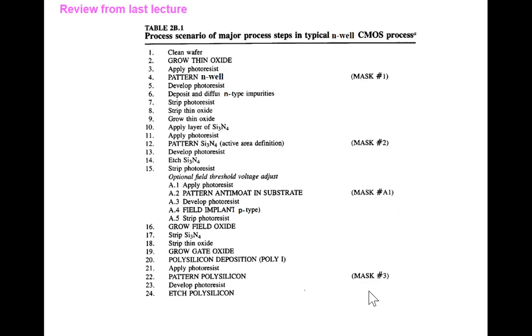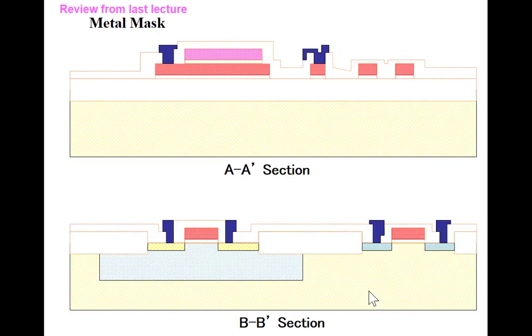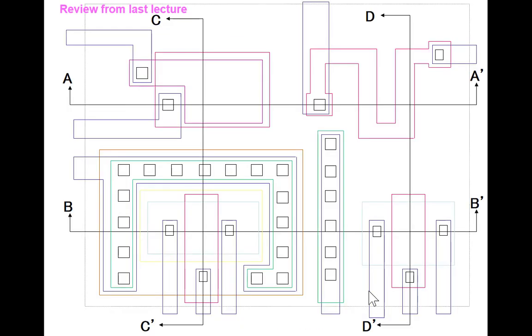A review from last lecture, we went through a typical process flow for a bulk N-well CMOS process. And that process flow is very similar to the process flow for the process we've been working with in the laboratory in this course. And we saw how all the basic devices, the major devices we had to work with, could be formed in this process.